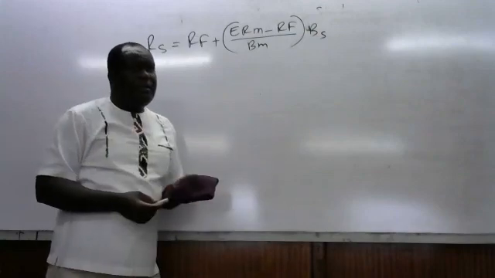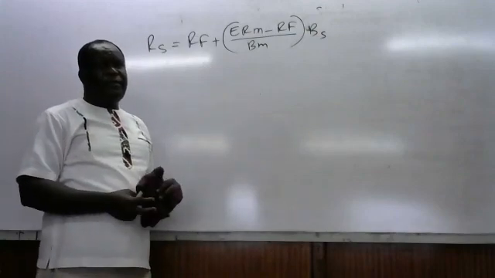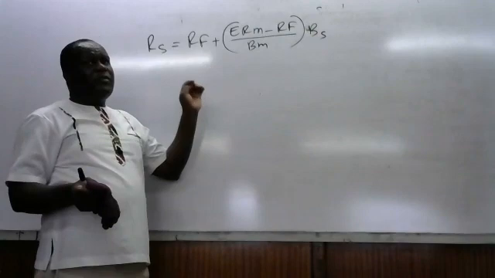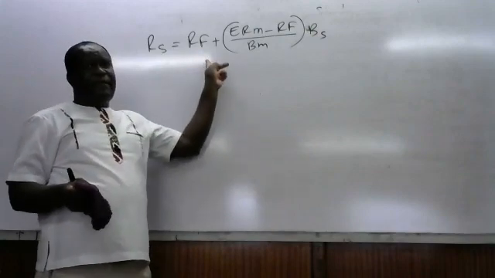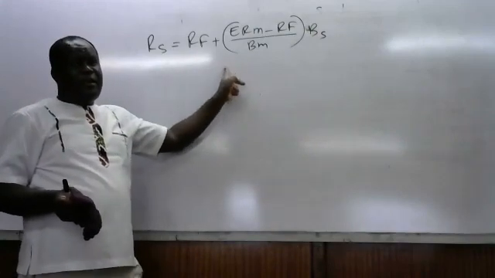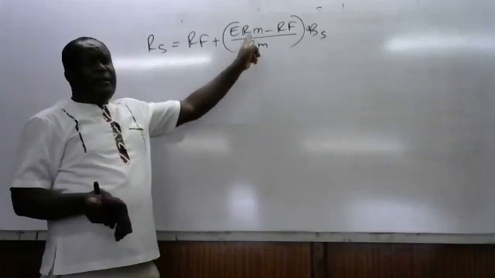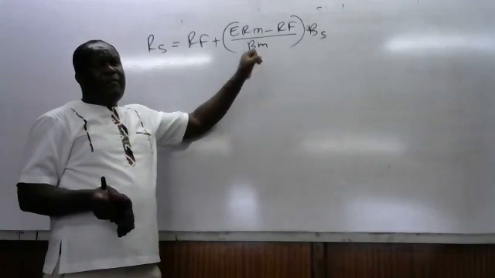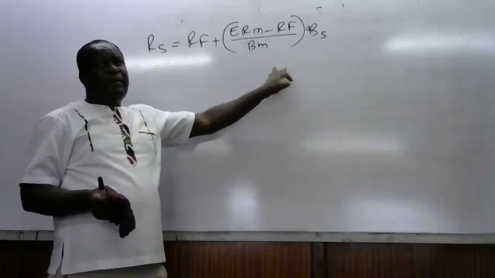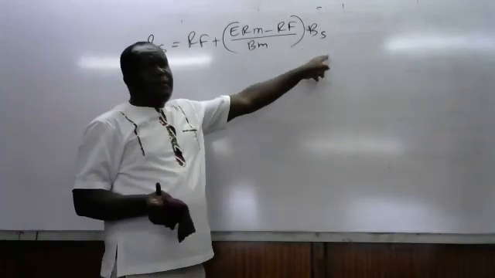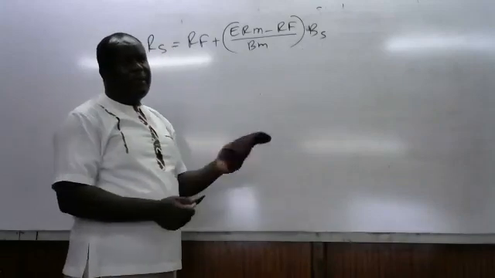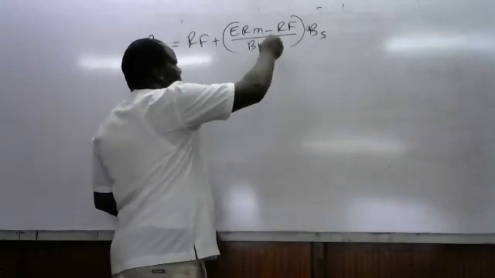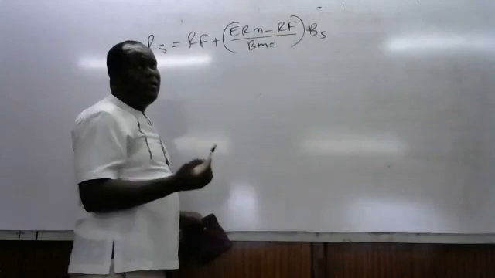So when you want to get the return of the security, it is simply equal to the risk-free rate, then we add, in brackets, expected return for the market minus the risk-free rate divided by the beta factor for the market. Then you also multiply by the beta factor for the security. But we have simply said that the beta factor for the market is always equal to 1.